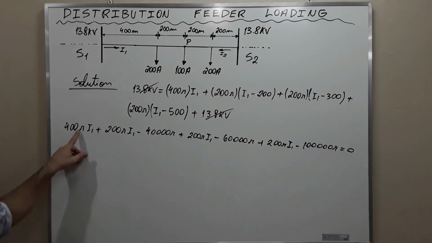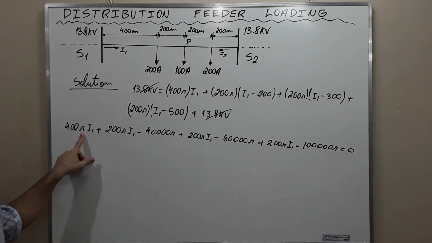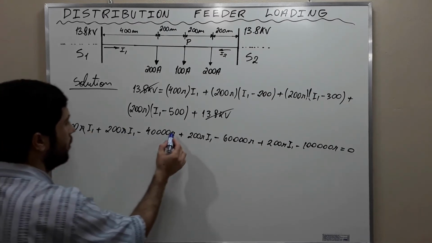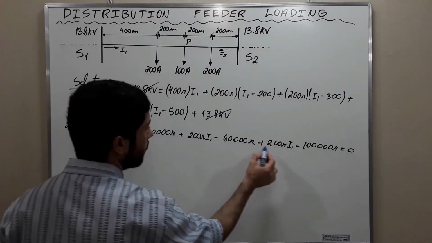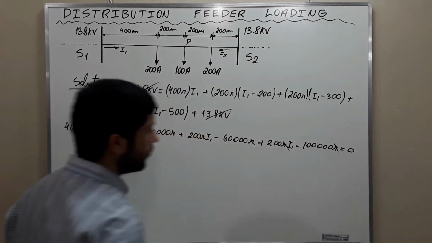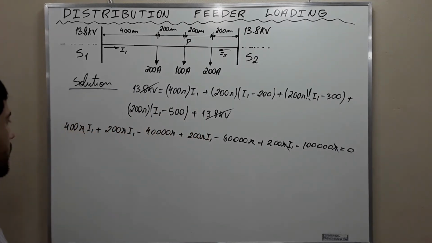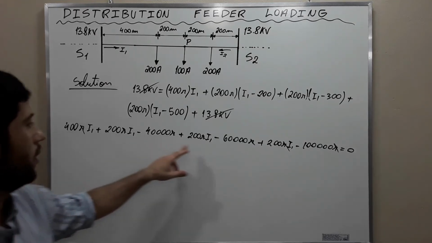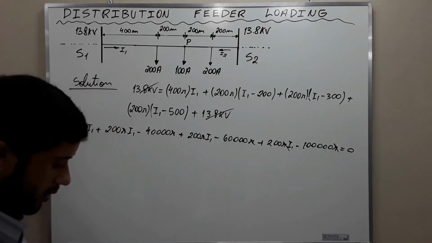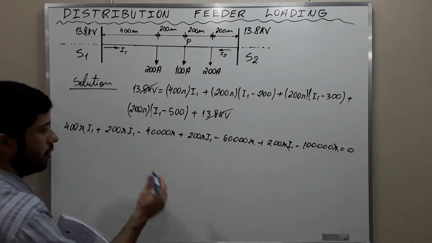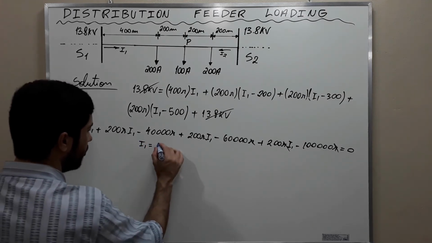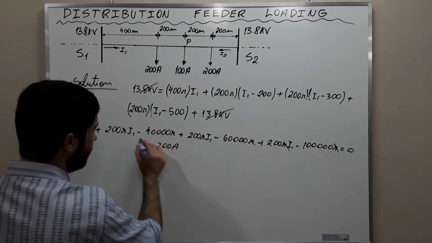You see that all the terms have R. Then we can simply cancel it, and we have only terms with I1. From this we find that I1 is equal to 200 amperes.